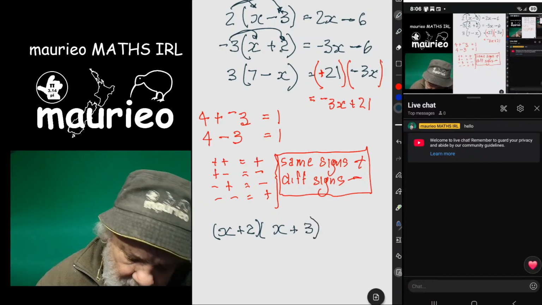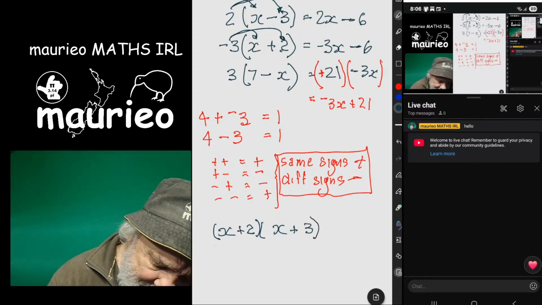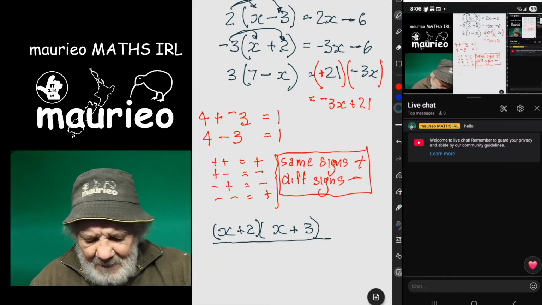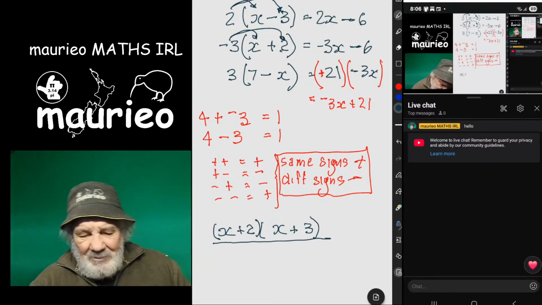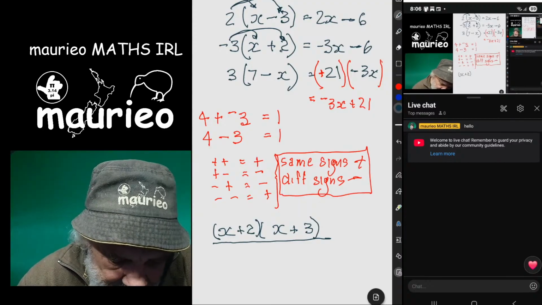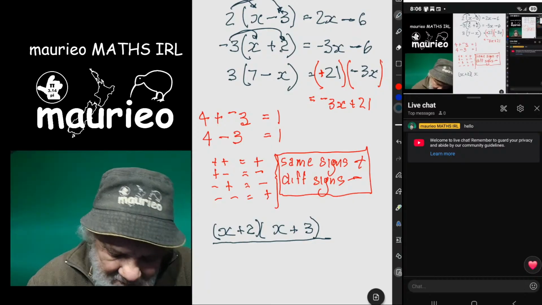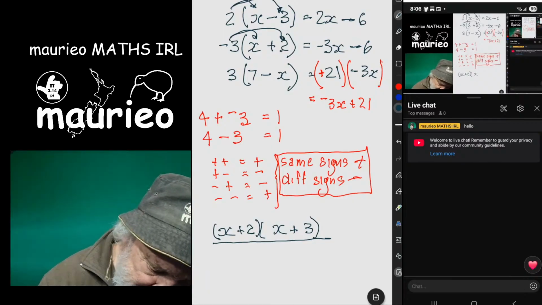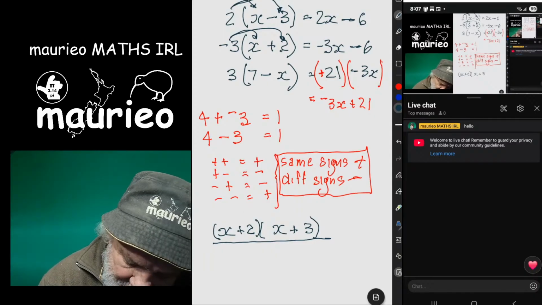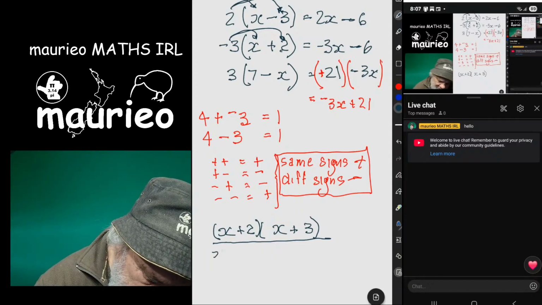How do we do that? Well, the longest way of doing it is you multiply x times that whole bracket.